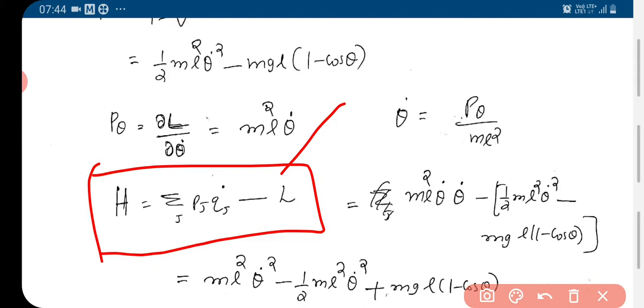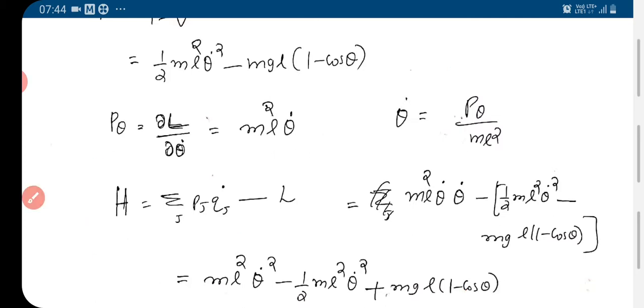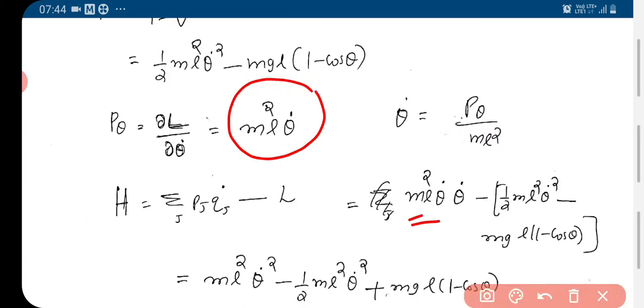Here we have only one variable, only theta. So in this summation we need to take only one pj and qj dot. Pj is given by p theta, that is ml square theta dot, qj dot is theta dot, and L is half m L square theta dot square minus mgl(1 minus cos theta).